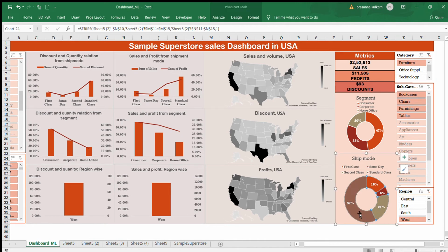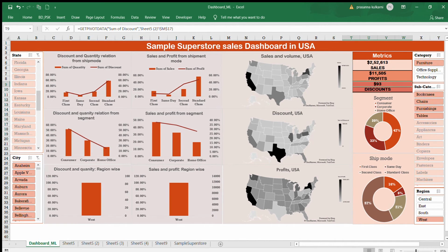Here we can see that 57 percent was taken by standard class, and 16% by same day, first class, and so on. Here we can see the consumer segment, that is segment-wise, consumer, corporate, or home offices. Home offices being the least when it comes to the west region in furniture cases. The profit generation is good, the discount given was minimal, and it's very good for the superstore.